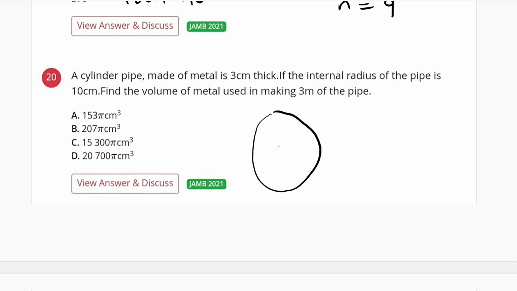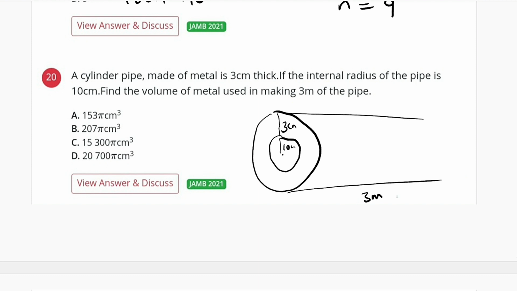If this is the pipe, the thickness of the pipe is 3 centimeters, and this one we have a radius of 10 centimeters. The height of this pipe is 3 meters, and this 3 meters is equivalent to 300 centimeters, because what we are given is in centimeters.